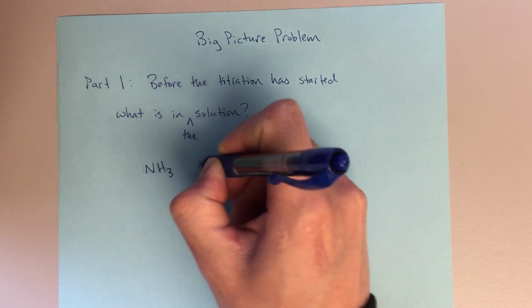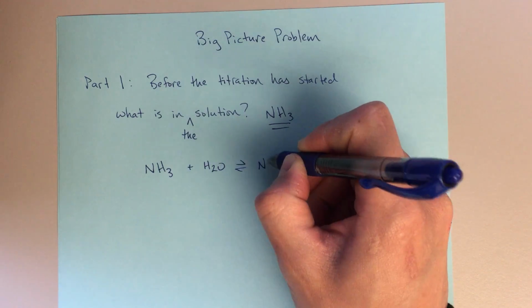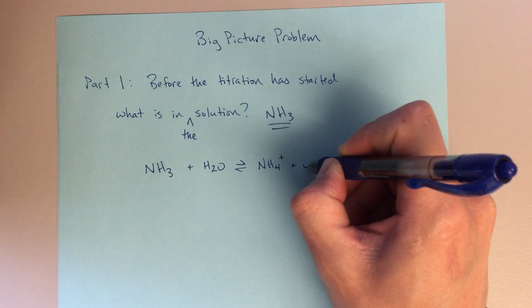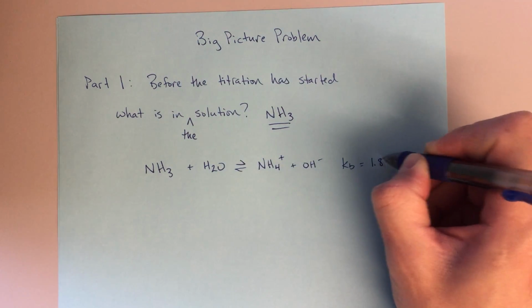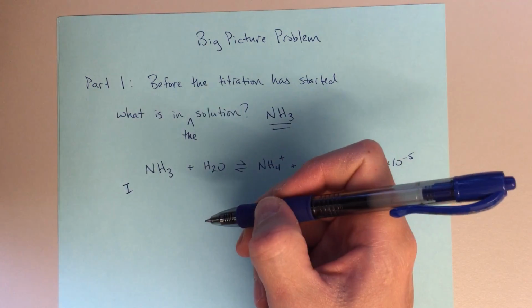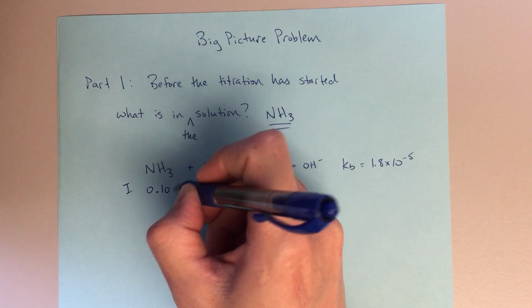So NH3 plus H2O is going to give us NH4 plus and OH minus, and I've given you the Kb of 1.8 times 10 to the minus fifth. So then our initial concentration of NH3 is just 0.100.